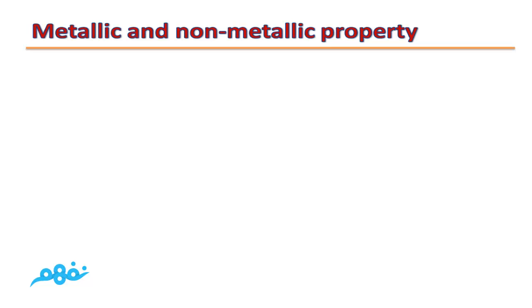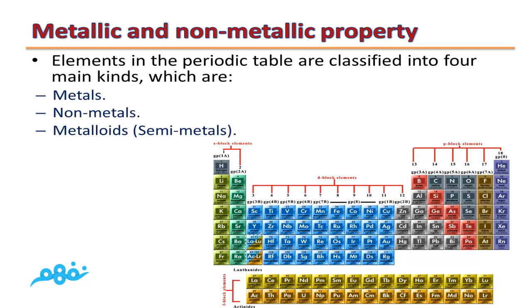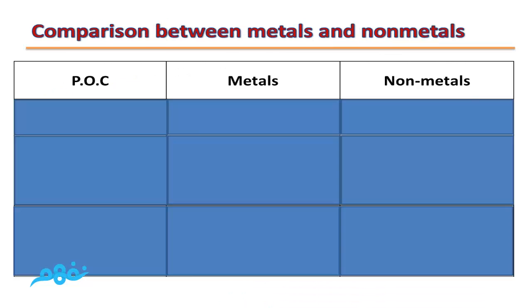Let's talk about the third and final property, which is metallic and non-metallic property. Elements in the periodic table are classified into four main kinds, which are metals, non-metals, metalloids or semi-metals, and noble gases.